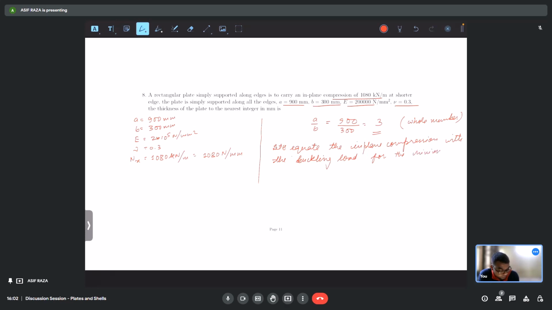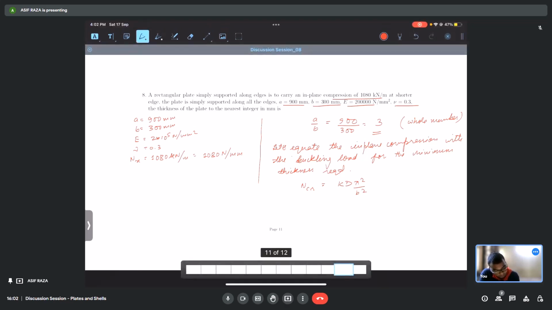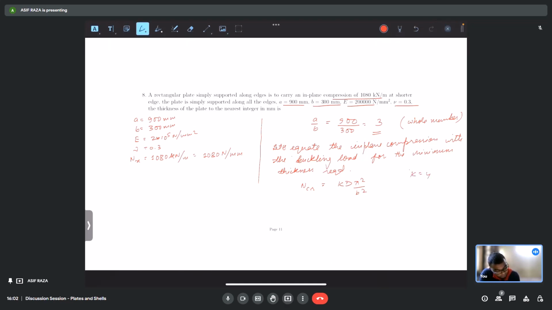N_cr is equal to K D π² by B², and for this we'll have K value equal to 4.